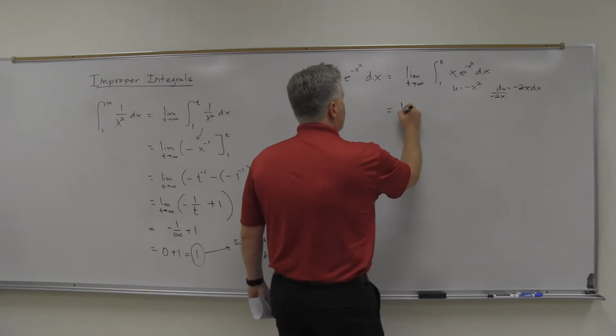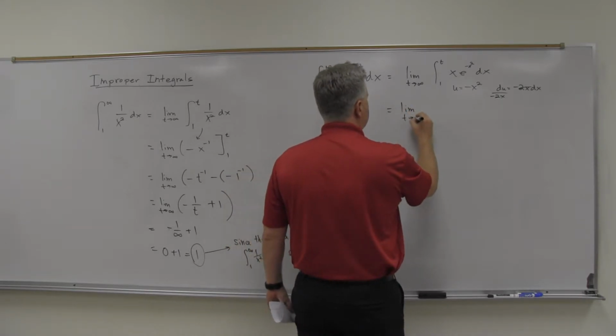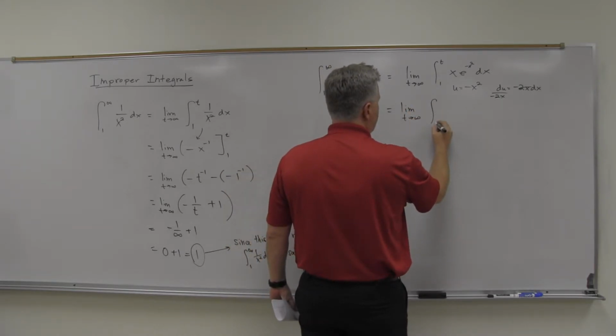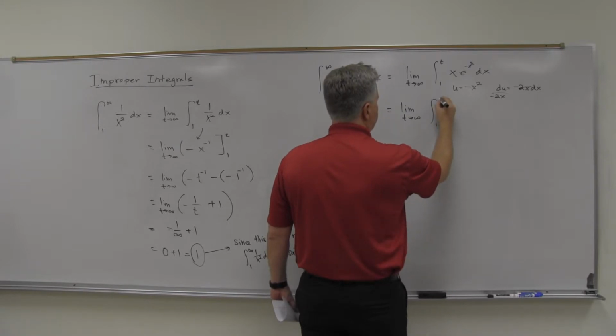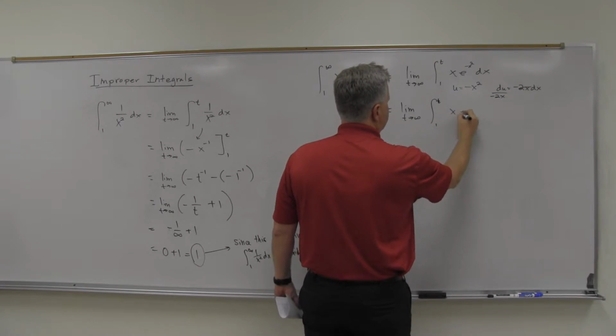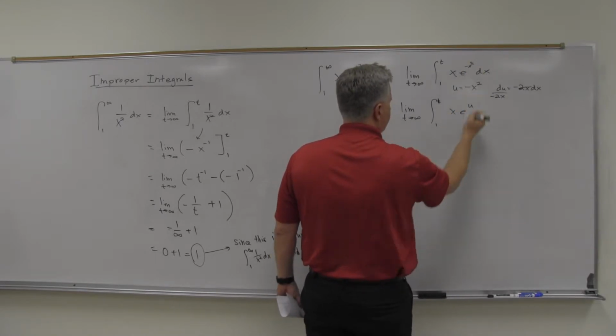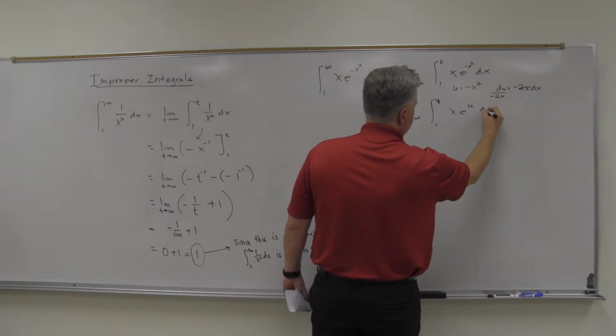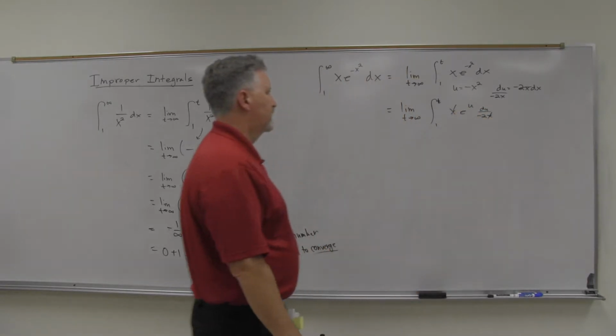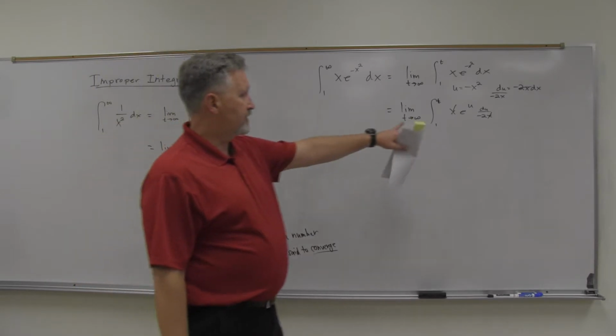So limit as t goes to infinity, and these are x values 1 to t. I am making the u substitution. Minus x squared is u. dx is du over minus 2x. Yeah, so I've got a minus 1/2 e to the u.